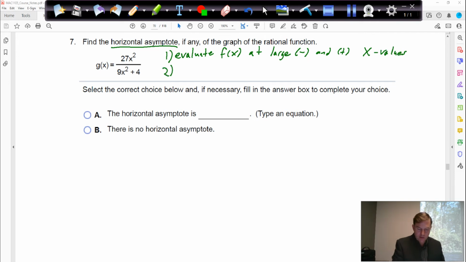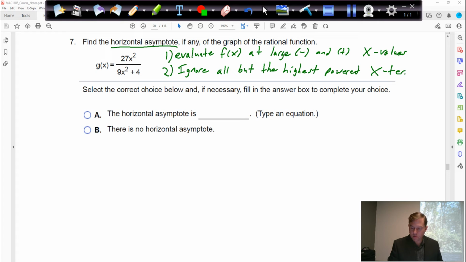The second method is you're going to ignore all but the highest powered x term, and then you simplify. And by doing 1, I can prove 2 in this problem.